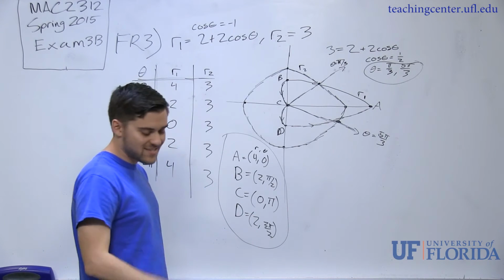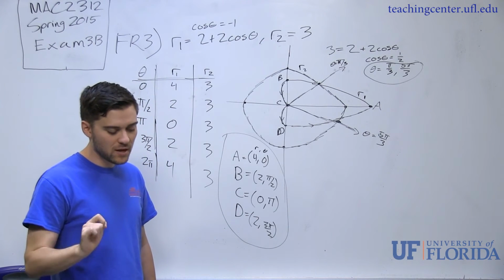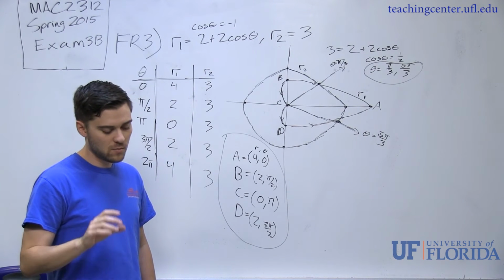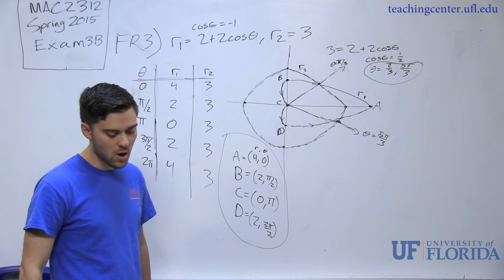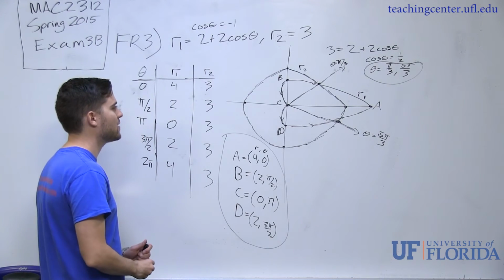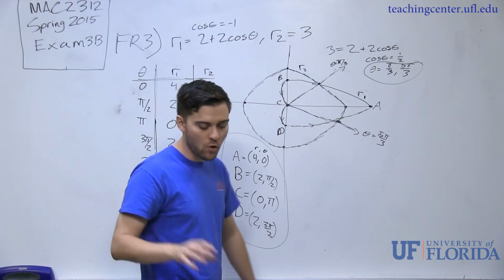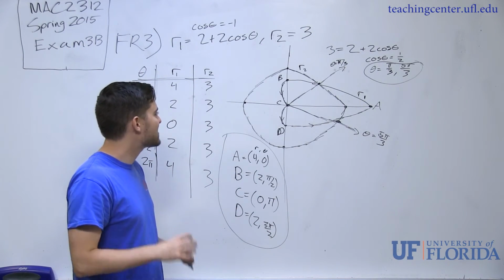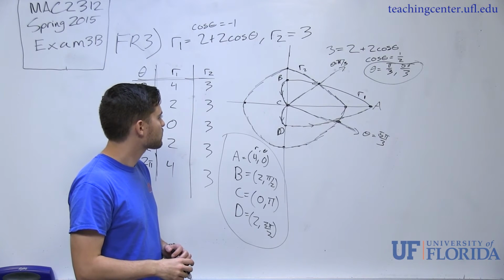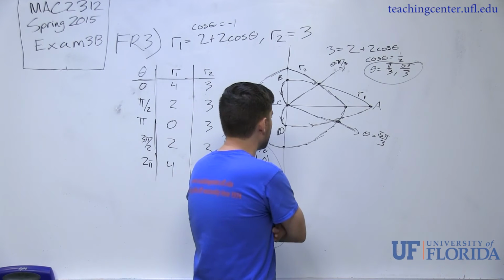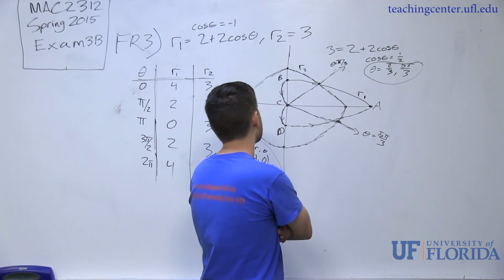Now, part C wants us to set up the integral used to find the area inside both curves of R1 and R2, but do not evaluate it. Okay, cool, so let's go ahead and do that. So first off, we need to figure out where the area is that lies inside of both curves. Well, okay, so it looks like in this case we might have to split this up a little bit.